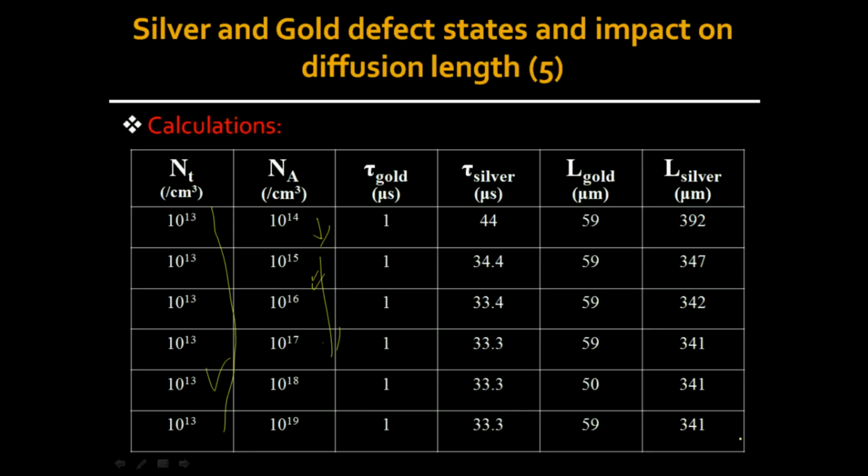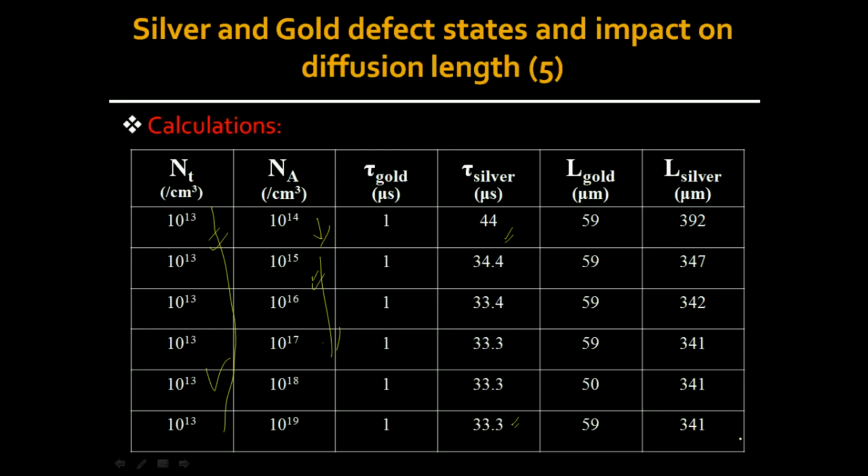If you see the minority carrier lifetime with the same concentration of impurity, for gold it drastically goes down to 1, and for silver it remains at 44, and minimum it goes down by 10 microsecond if the base doping concentration varies from 10^14 to 10^19.